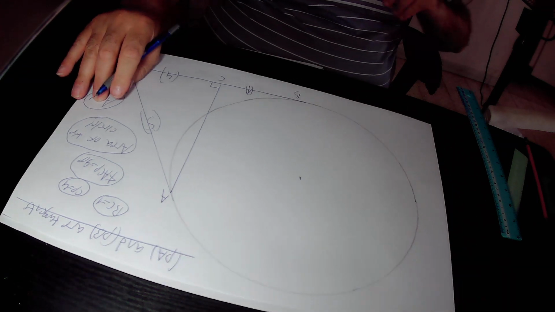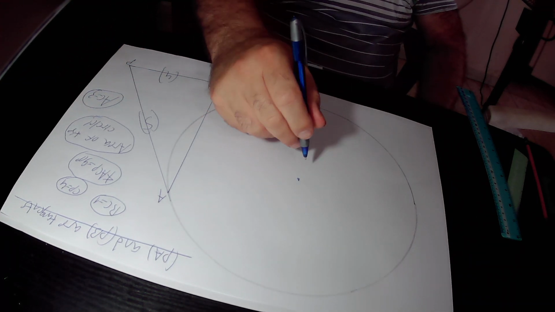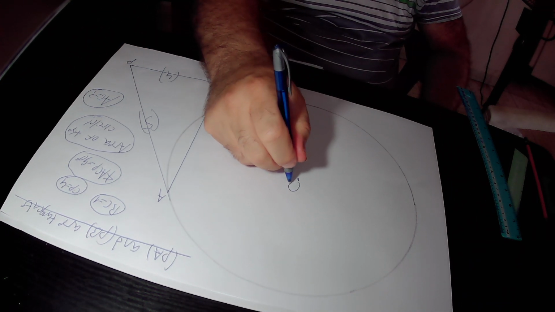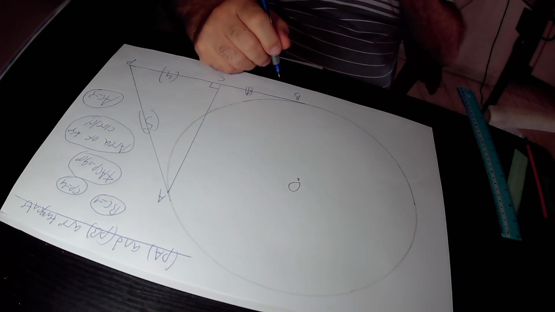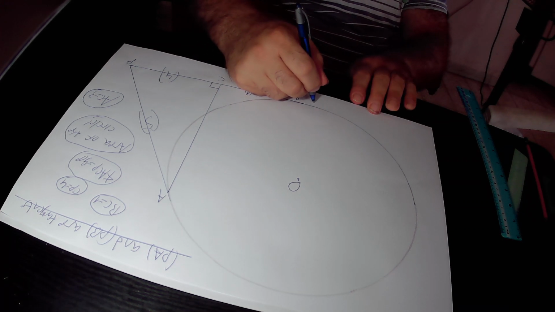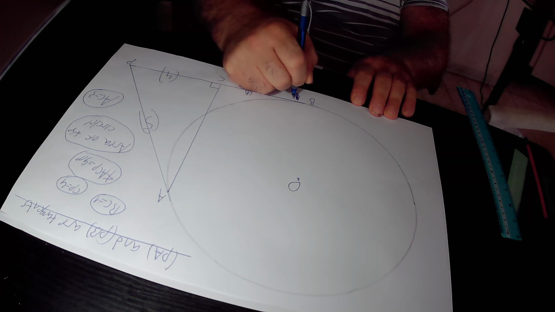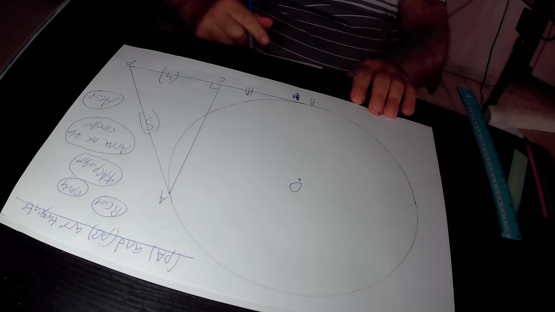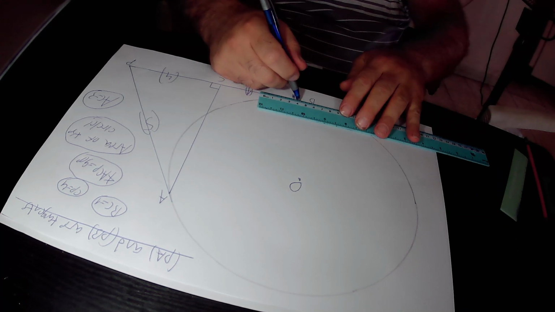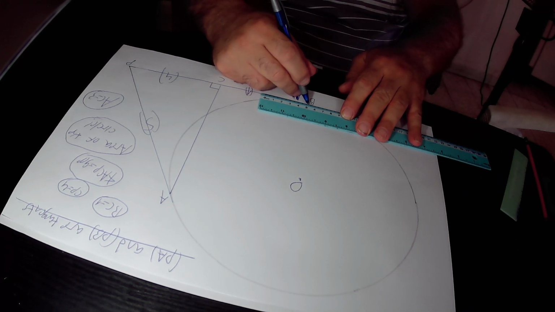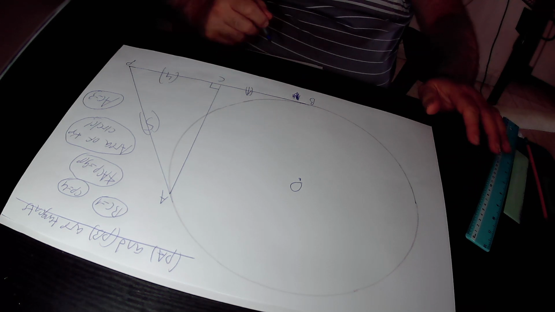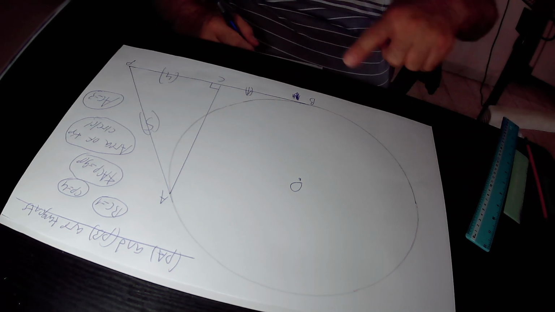In the next step, we define the center of the circle. This point is point O. And we also define the radius of this circle as x.